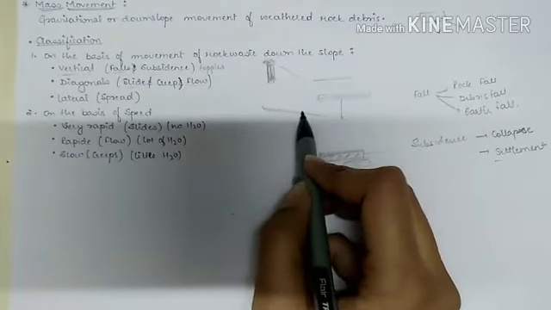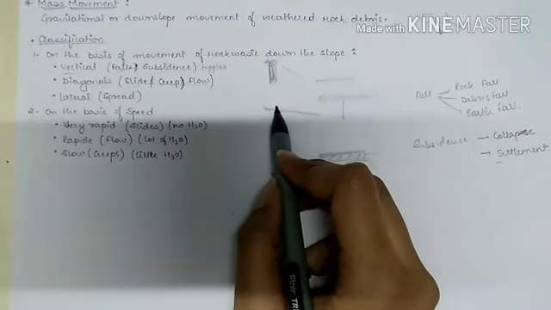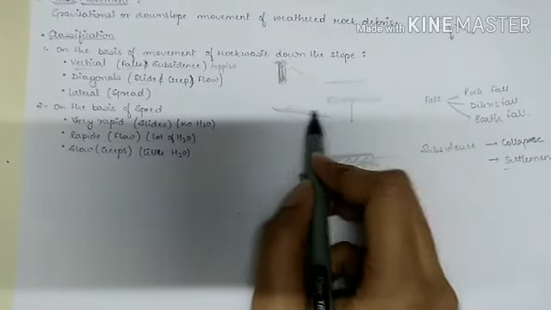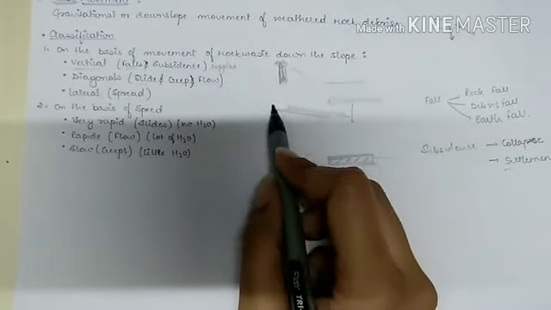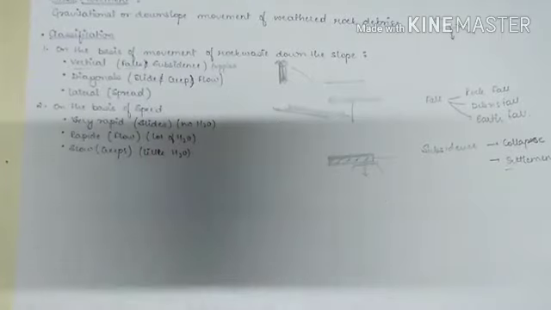So this is a plane, and here a rock mass slides down fast. This is known as sliding. And sliding is basically of four types. First is slumping. Slumping involves intermittent sliding of rock fragments, rock blocks or rock soil downslope.